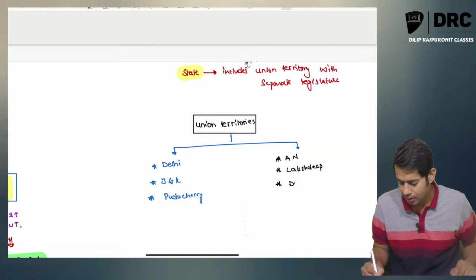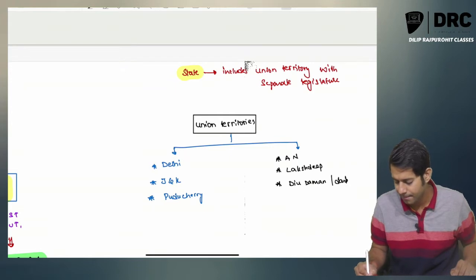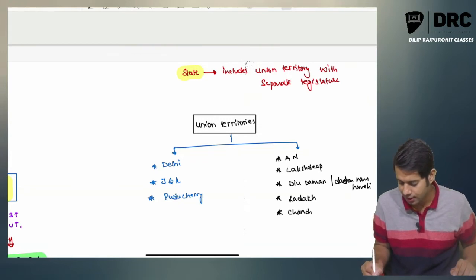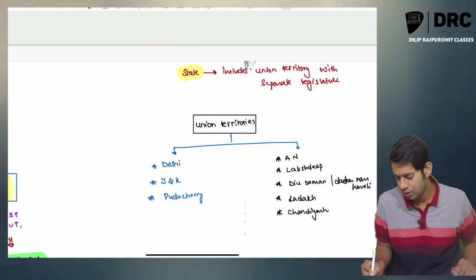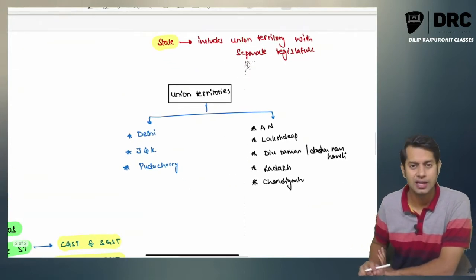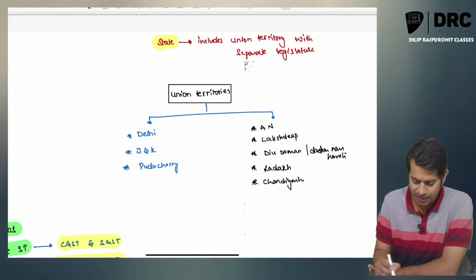Then Diu Daman and Dadar Nagar Haveli is a union territory. Then Ladakh is a union territory. Then Chandigarh is a union territory. So these are the union territories which are there in India.